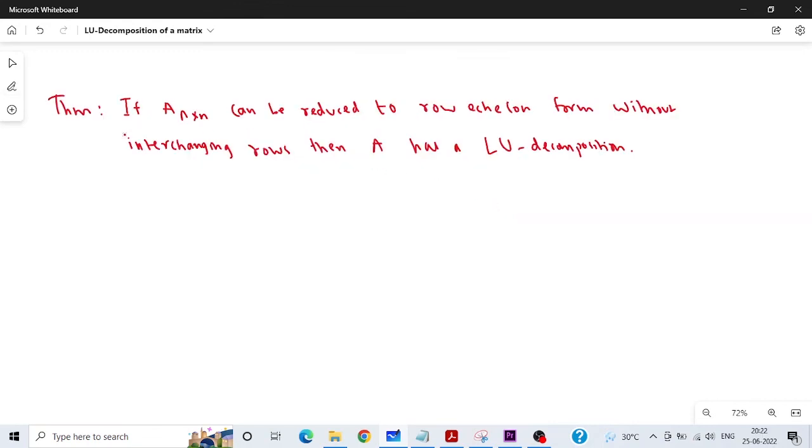This theorem gives a sufficient condition for a matrix to have an LU decomposition. If an n cross n matrix A can be reduced to a row echelon form without interchanging rows, then A has an LU decomposition.